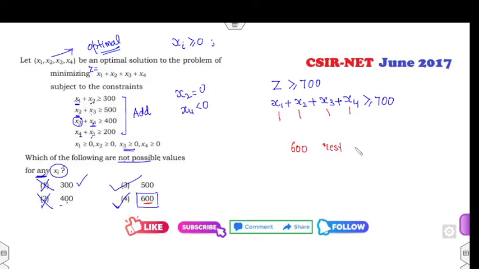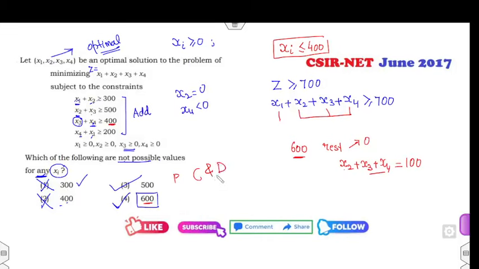The rest of them, in order to make it 700, the sum of x2 plus x3 plus x4 will be my 100. Fine, but that is again not possible because x3 plus x4 is my 400, so x2 will be negative. Similarly, that means each number must be less than or equal to 400. So the right options are B, 3 and 4. C and D are the not possible answers.